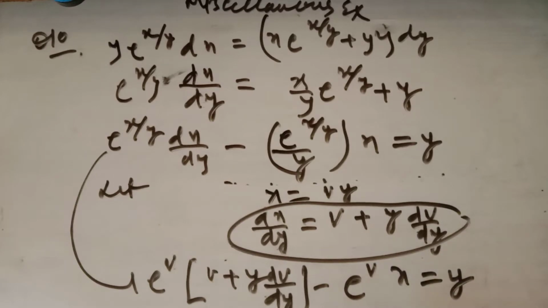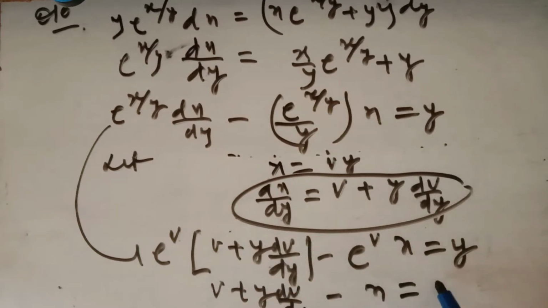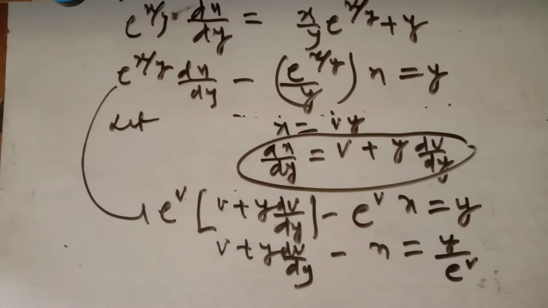Now if you divide the whole equation by e^v, you get v + y dv/dy minus x equal to y e^v. You take all the terms to the same side and arrange it, and you will get e^v dv equal to dy.